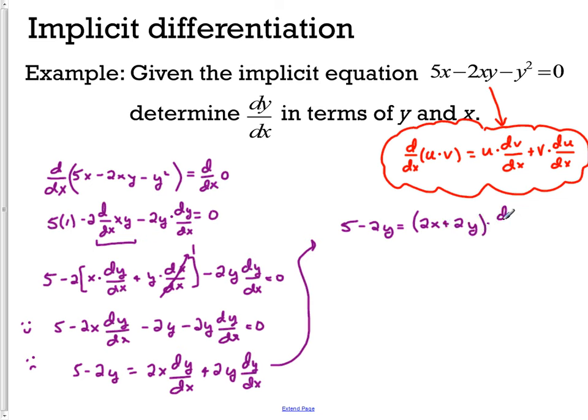And again, you probably already picked up on where this is going. We're going to end up with this weird looking expression, but a derivative nonetheless. 5 minus 2y divided by the quantity 2x plus 2y is equal to dy dx. That's our derivative.